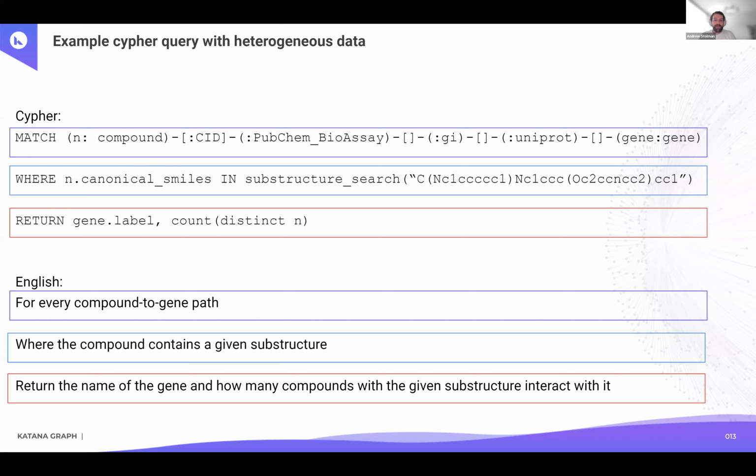And then we just return the name of the gene in this pattern and the count of how many compounds interacted with it. So in summary, what this query is computing is you're giving a specific substructure, and then for your whole data set, you go through every gene in the graph, and this simple query says, how many compounds in my data set have the given substructure and interact with the gene?